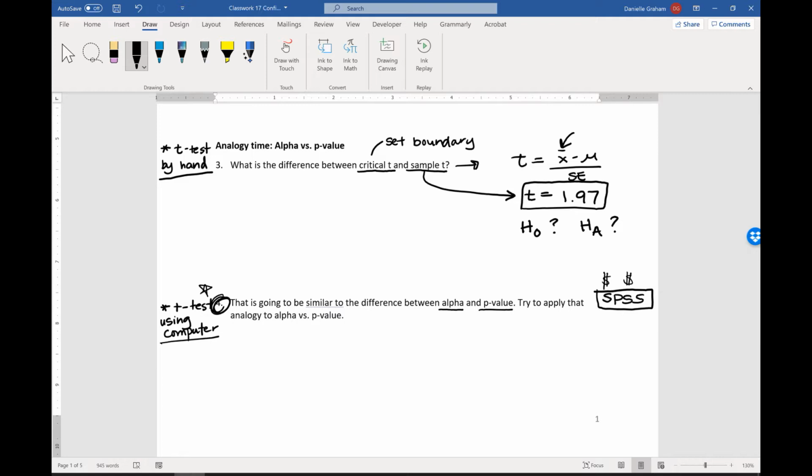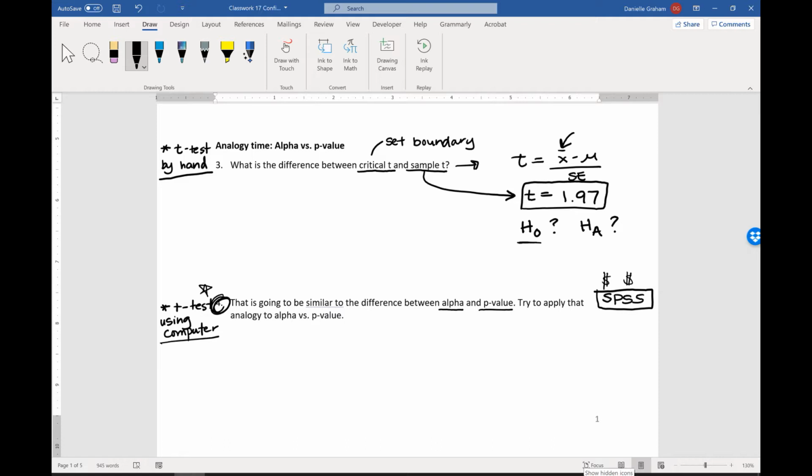Do we reject or not reject that null hypothesis? That's the ultimate question we want to answer here. Having just the sample T doesn't allow us to make that decision.